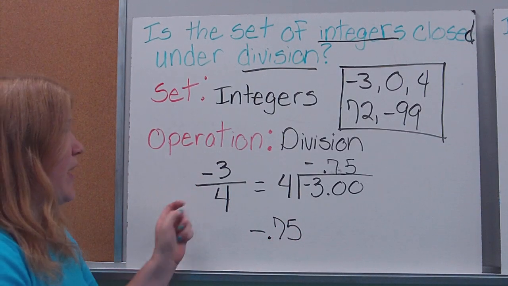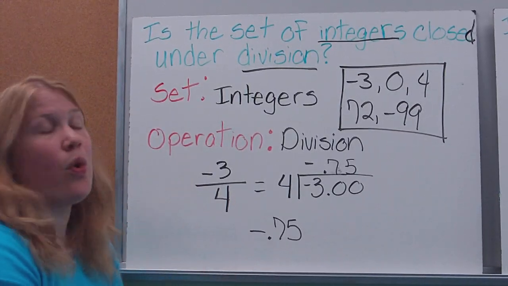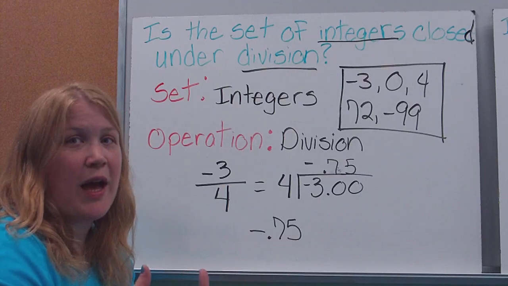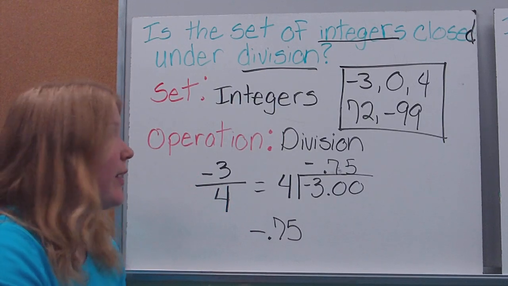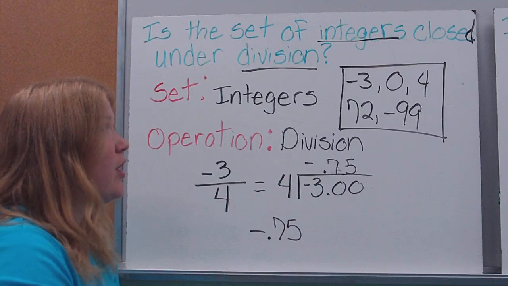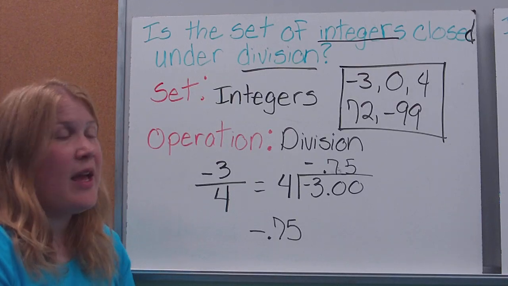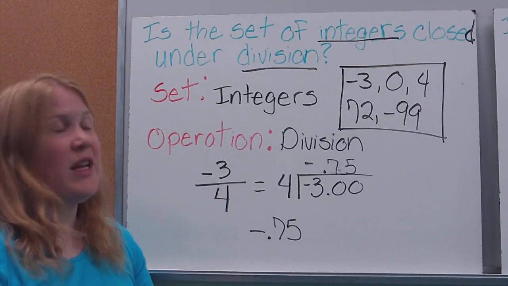Or you can leave it in its fraction form here. But what you'll notice is this is not a whole number or a whole number's opposite, because this is part of a number. Whole numbers imply that they're all there. This is a part of a number, so this would not be a whole number or its opposite, which means it is not an integer. So this would not be closed under division. The other operations it would be closed for, but division doesn't work.